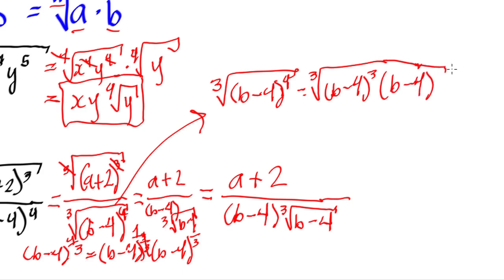So another method. What we can do is again apply rule number 2 for this. So what we have is the cube root of b minus 4 quantity cubed, which we will apply rule number 1 to in a while, and then the cube root of b minus 4.